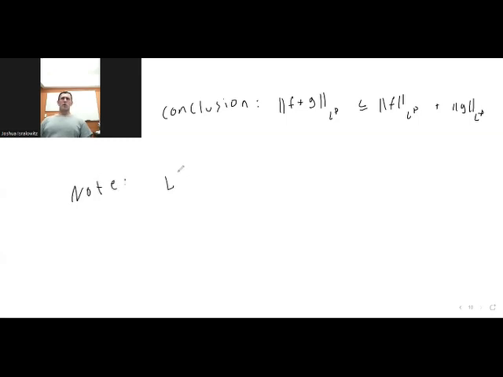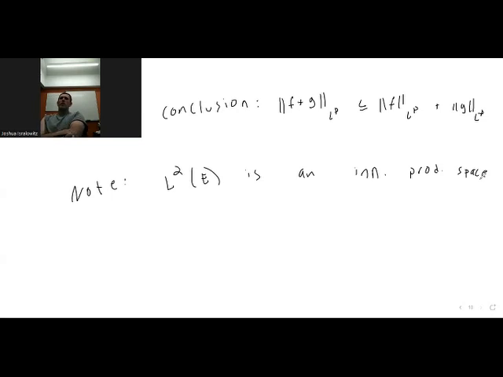So one thing to note, L2 is an inner product space, a complex inner product space. Yeah, and if you do any data science, you know that you're always happy when you have an inner product, because inner products are just so nice. There's just so many. And also, this is complete. I'll talk about that in another video. So what's the inner product?